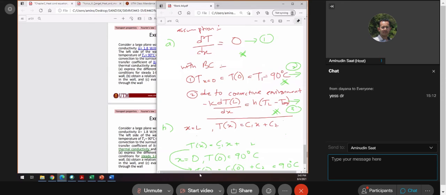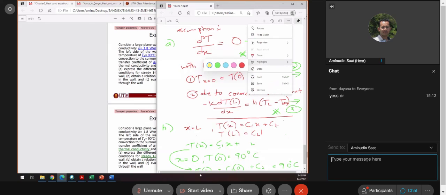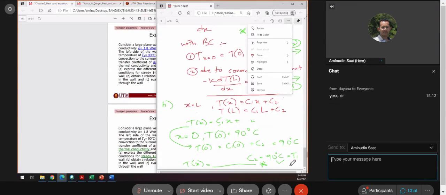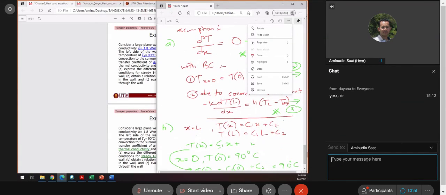So if x equals L, sorry, this is not C1, this is T at L, equals C1L plus C2, correct? You know that C2 is 90 degrees Celsius.